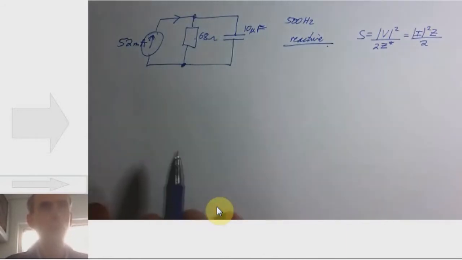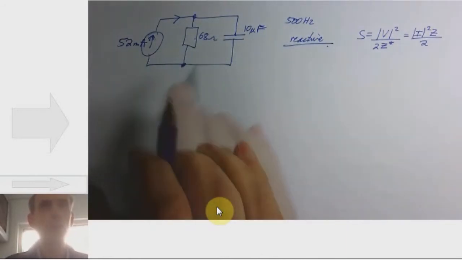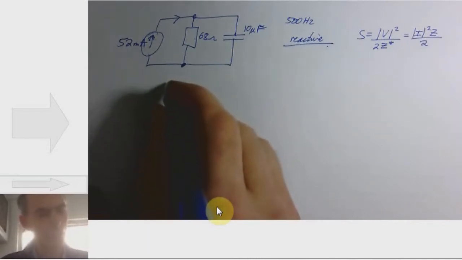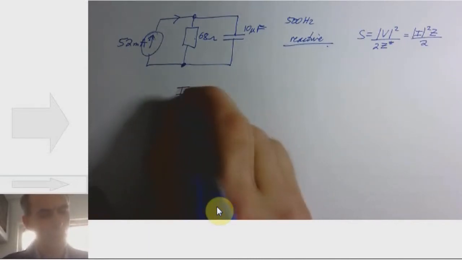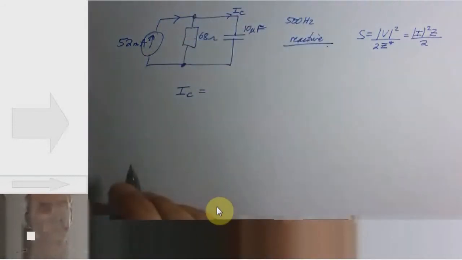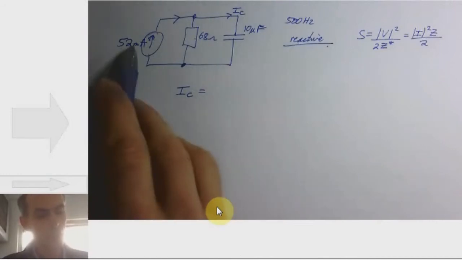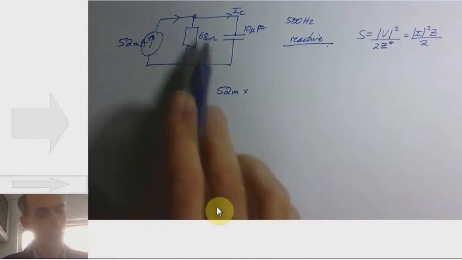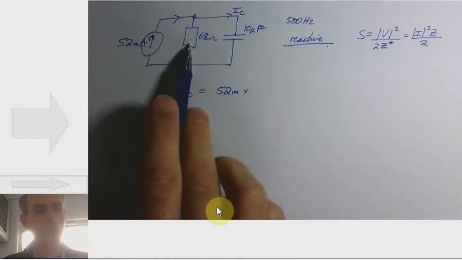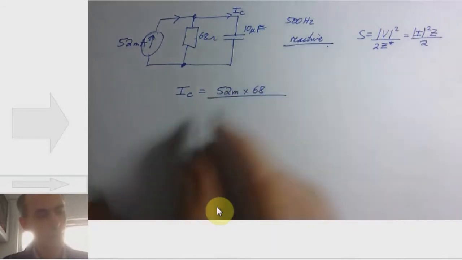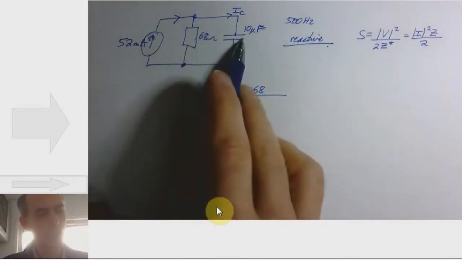Some of it goes through the resistor, some of it goes through the capacitor. And there's a convenient formula for current dividers, which hopefully most of you will have got the hang of by now. That will tell me that the current through the capacitor, I'll call it IC, this one here, is the total current coming in, 52 milliamps, multiplied by the other resistance, the resistance of the other leg, 68 ohms, divided by the sum of the two resistances.